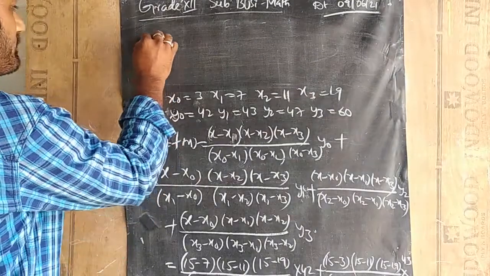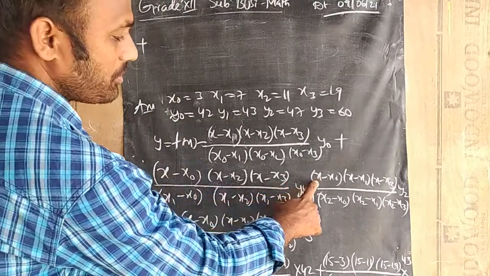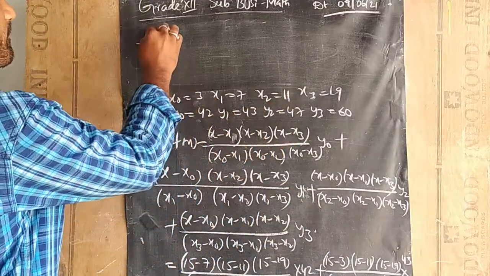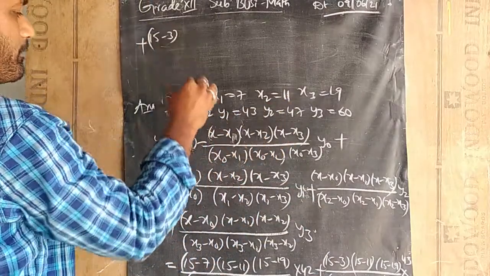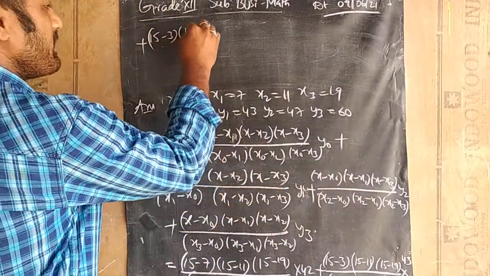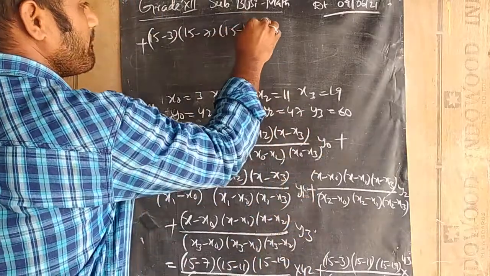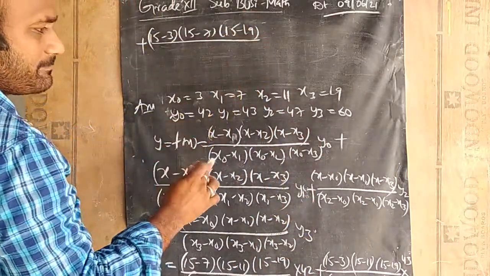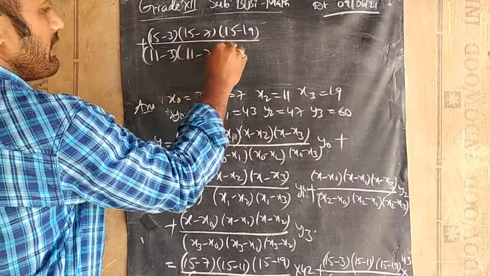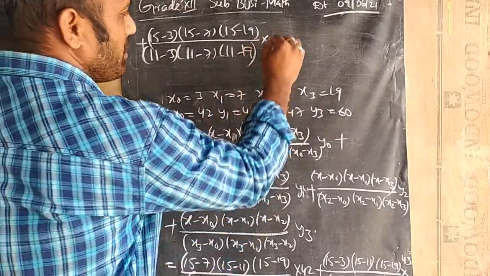Plus, third one: x minus x0 means 15 minus 3, into x minus x1, 15 minus 7, 15 minus 19, divided by 11 minus 3, into 11 minus 7, into 11 minus 19, into the y value, which is 60.